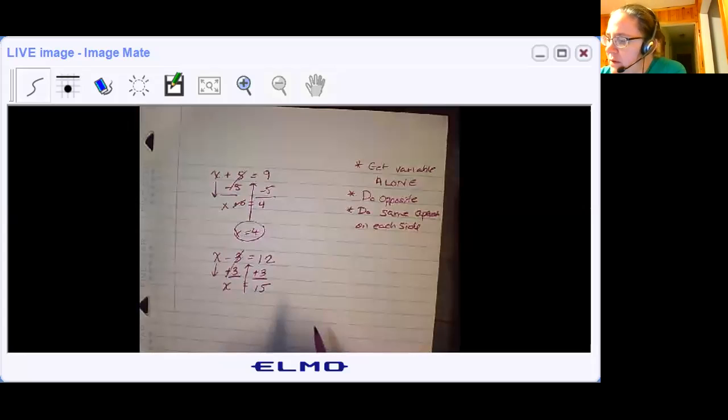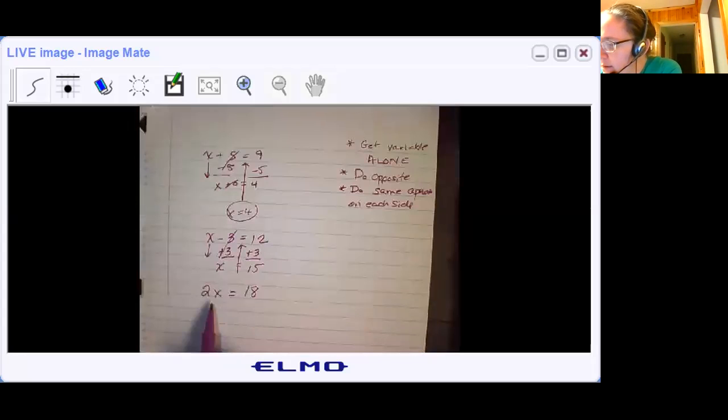Now, next one's a little trickier. 2x equals 18. Well, what does 2x actually mean? 2x means 2 times x. Anytime you have a letter and a number side by side like this, it's the number times whatever value I'm going to put in for the variable.